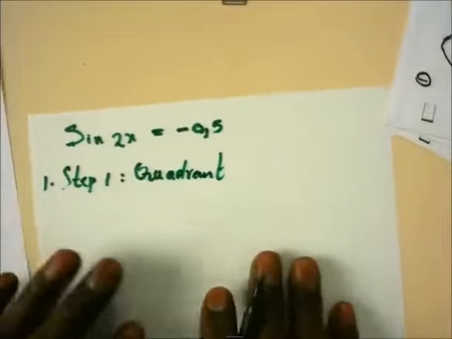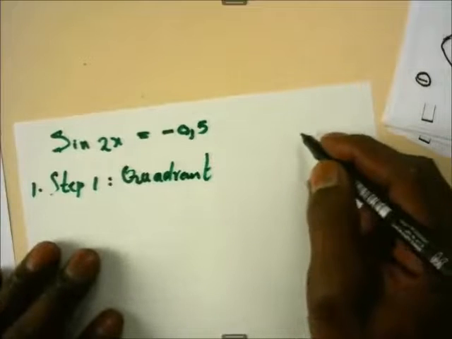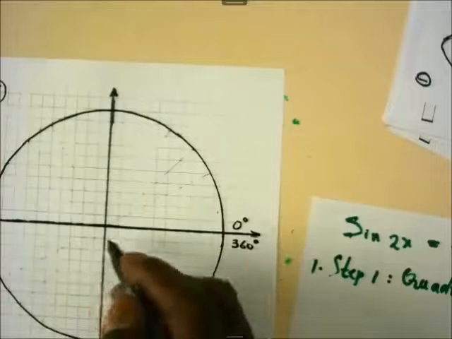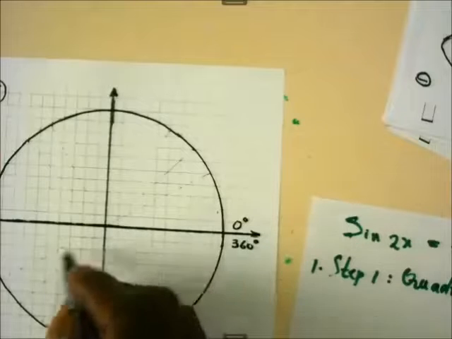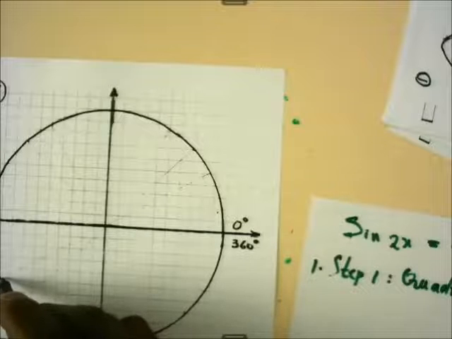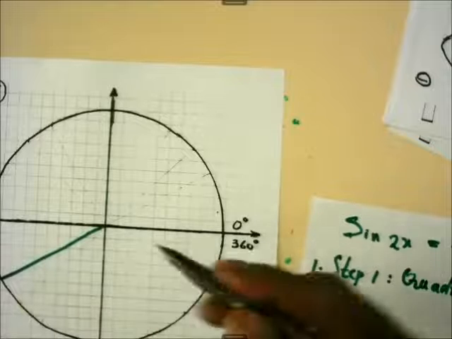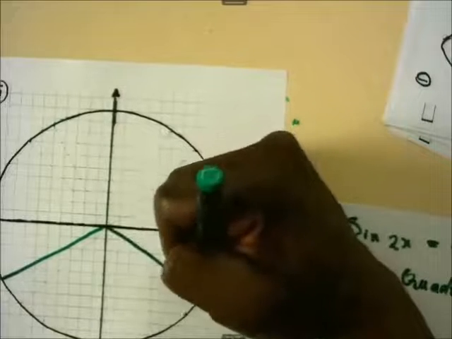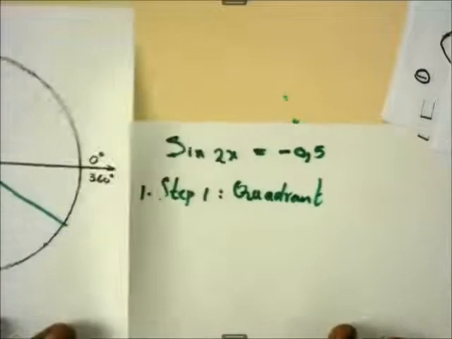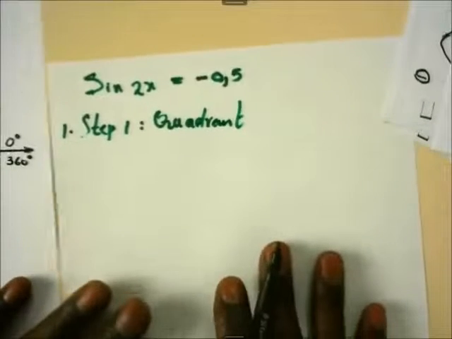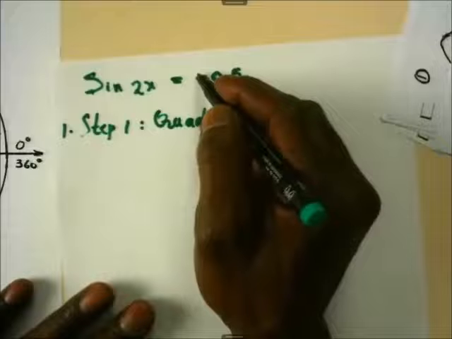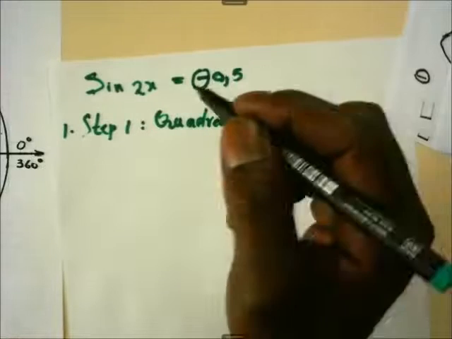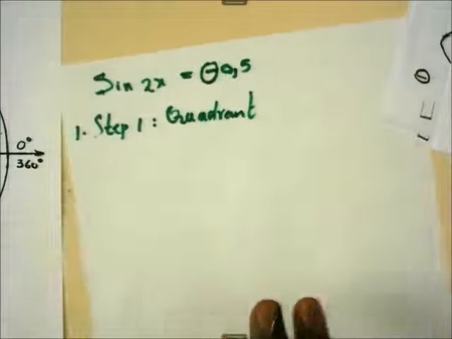We are in the third and the fourth quadrant. Now, done with the negative sign. We don't have to bother again with that negative sign.